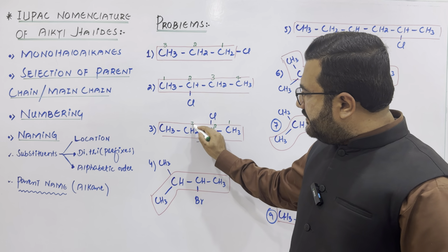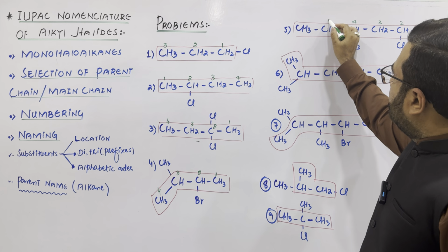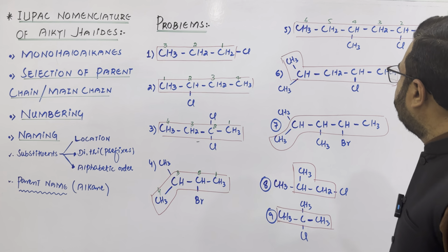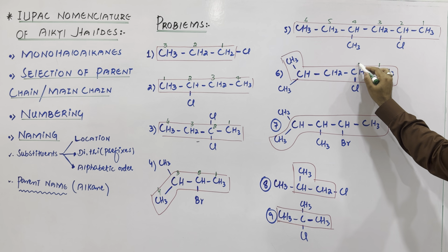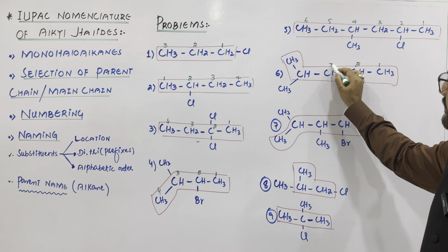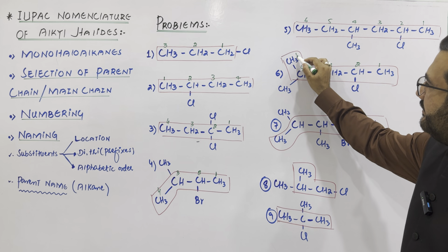Similarly, my dear students, this is the end from where you should start numbering to give the lowest number to the alpha carbon. So 1, 2, 3, 4, 5, and 6. In this case, you will start numbering from this end: 1, 2, 3, 4, and 5.